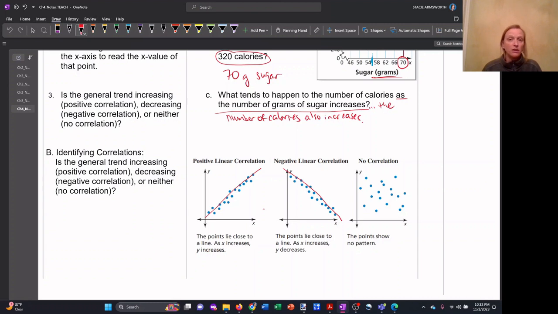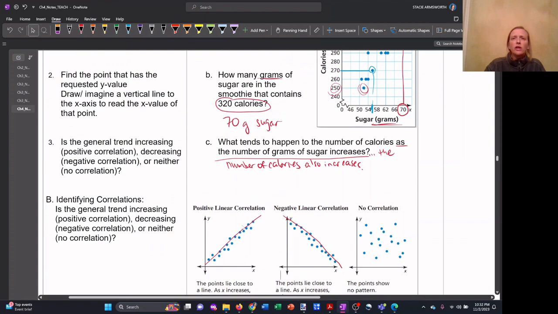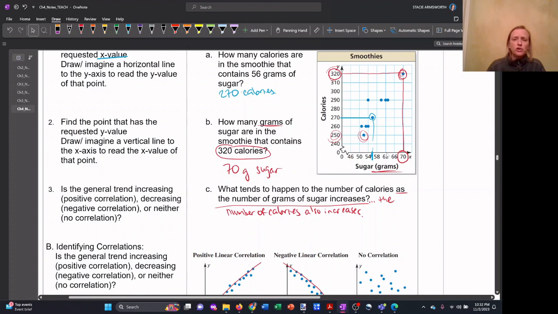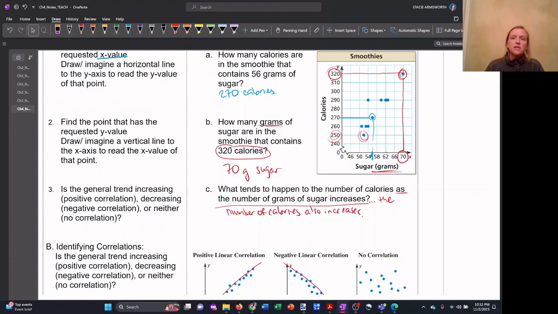They don't seem to be on a line or near a line at all. Going back up here and looking at this calories and sugar graph, I would say that there is a positive correlation between the grams of sugar and the calories in the smoothie.